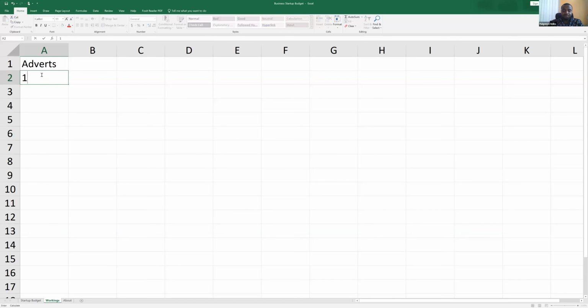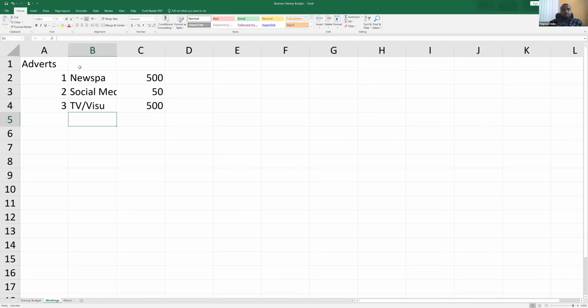You can say newspaper advertisement at 500. Number 2, web or social media ads, you can give it at 50. Then TV slash visual ads, you can give it at 500. And you have now this total.